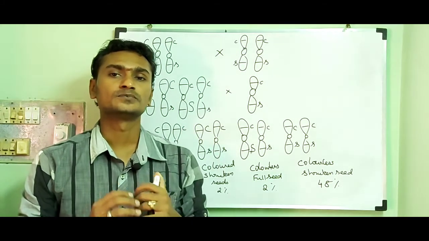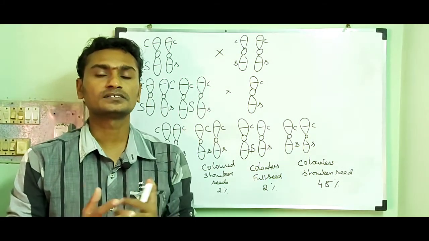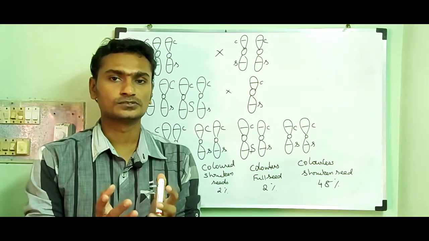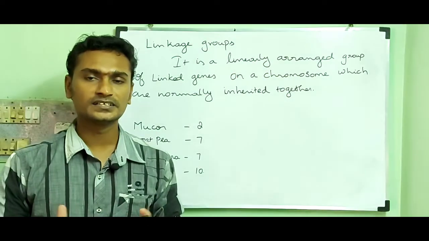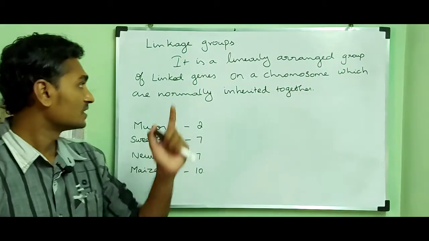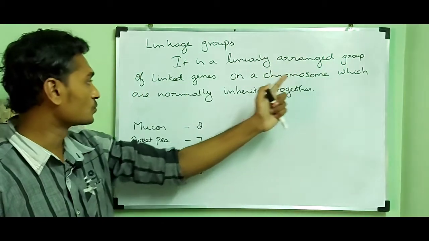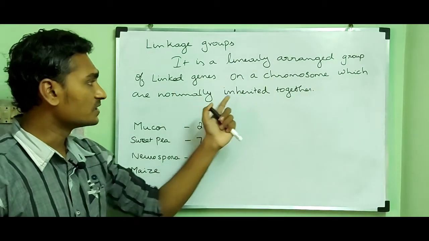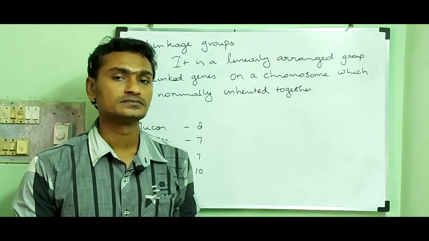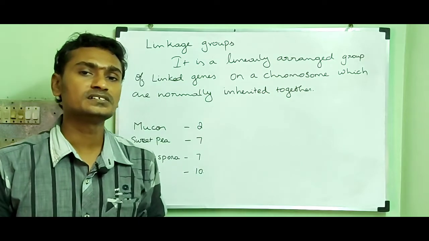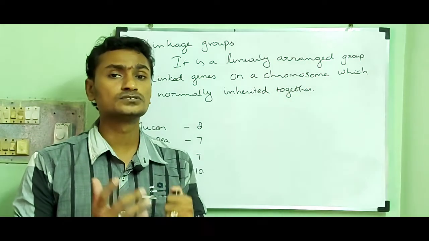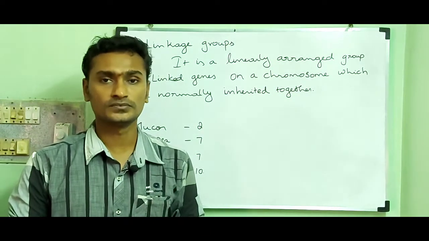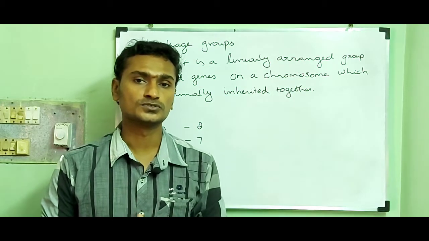Then I am going to teach you another topic called linkage group. A linkage group can be defined as a linearly arranged group of linked genes on a chromosome which are normally inherited together. In other words, in any species, the number of linkage groups corresponds to the number of the haploid set of chromosomes.